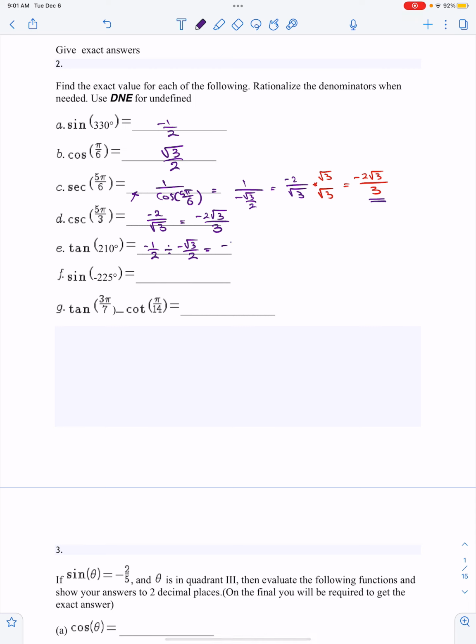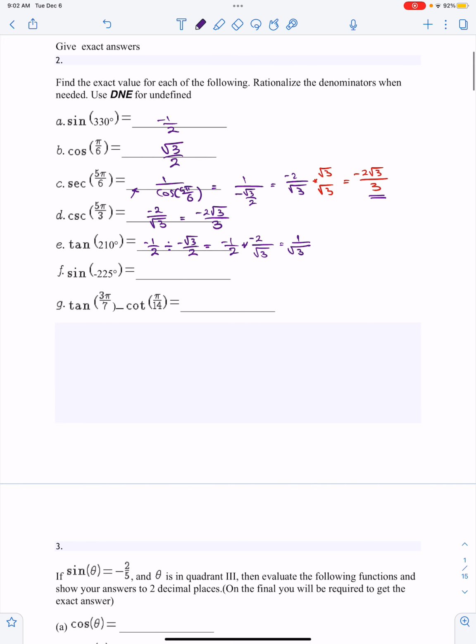This is going to be negative 1/2 times the reciprocal, negative 2 over square root of 3. Doesn't matter where you put your negative. Negative times negative is positive. So it's going to be positive 1 over square root of 3, which is, we're going to rationalize because we don't like radicals in the denominator. So this is square root of 3 over square root of 3. So this is square root of 3 over 3. And that will be the final answer.